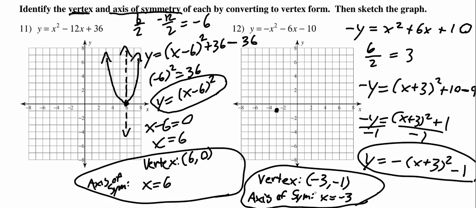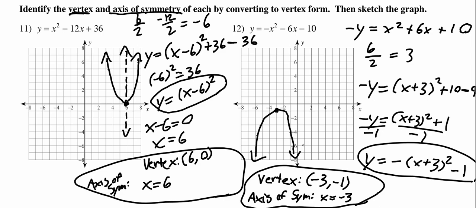If you guys can see right here, the vertex form, we have negative and then (x plus 3) squared. So this negative right here, outside, it tells us that this graph is going to open downwards. Whenever it's negative, it opens downwards, and if it's positive, without the negative here, that would open upwards. Just remember that. That's just a really basic rule. Important too. Alright, so it's going to open like that.